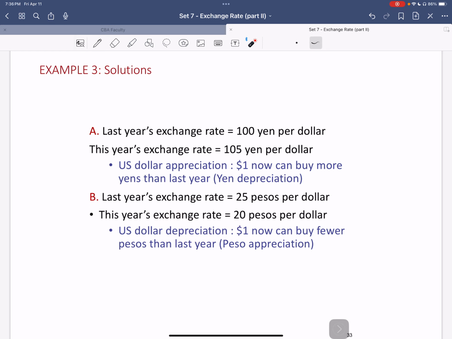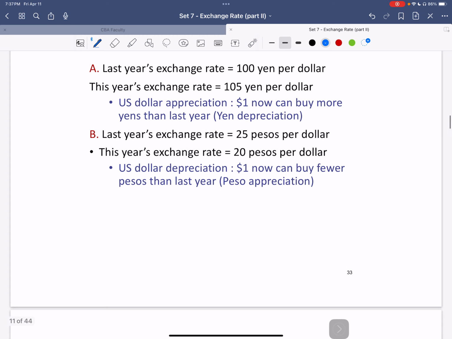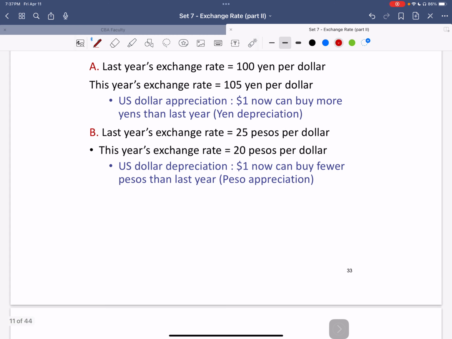Okay, and note that, let me write this down. Note that we're assuming prices across these countries, like in Japan or in Mexico, do not change.